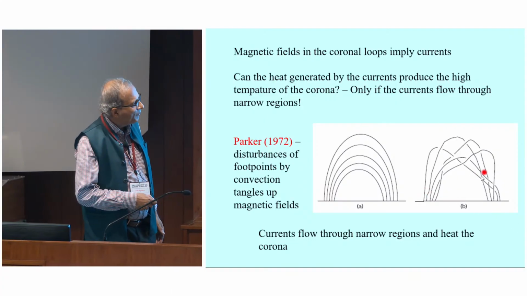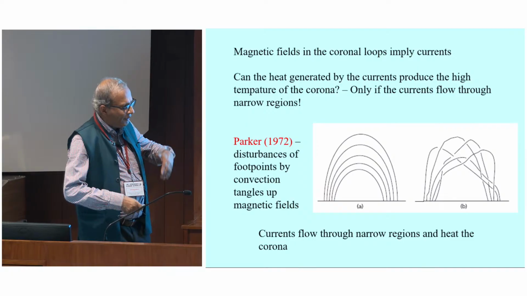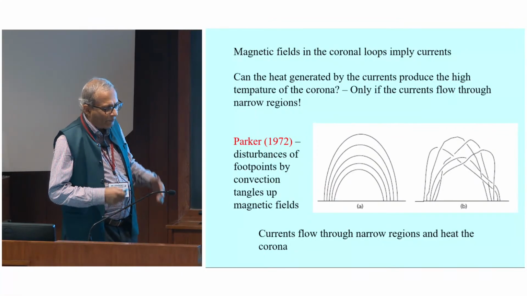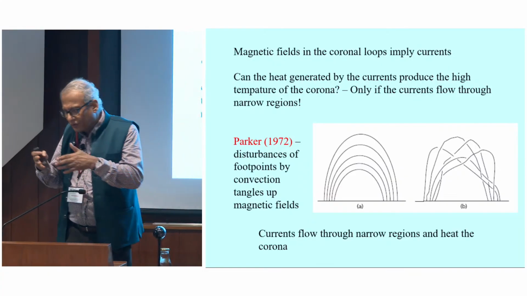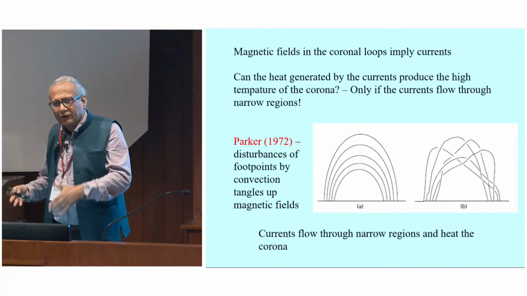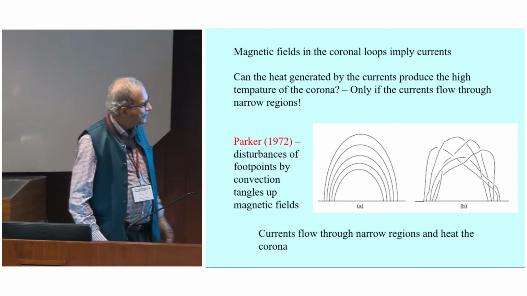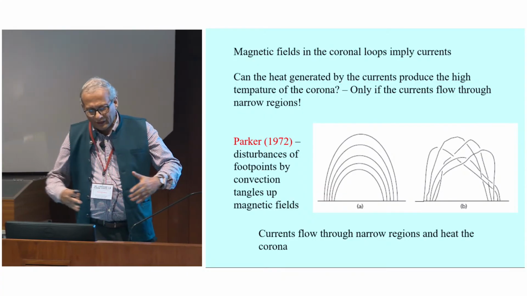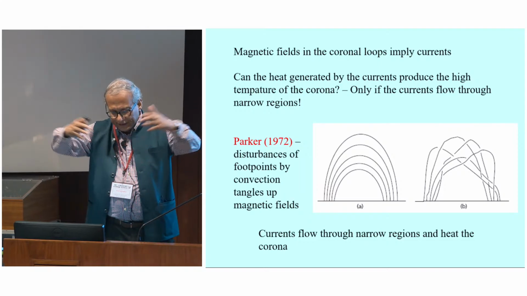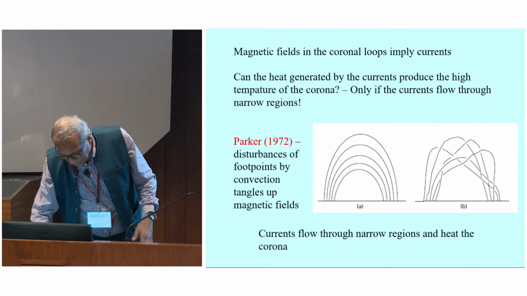Parker proved a mathematical theorem showing that if the magnetic field gets tangled up like that, then current is forced to flow through some very narrow regions in some places, and presumably that's how heat is produced in the coronal loops, and then the heat spreads around in the other regions of the corona.